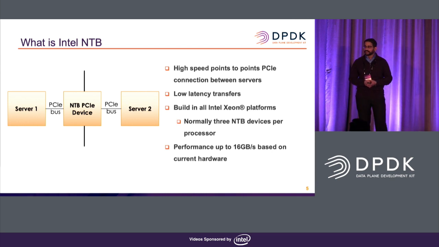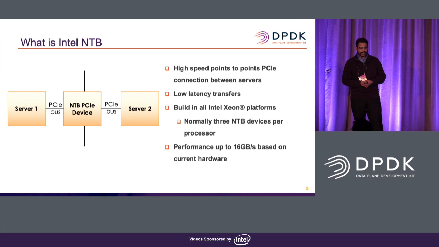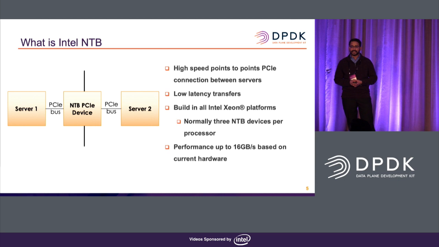So it is used for low latency transfer. Low latency transfer is crucial because whenever you are exchanging data between the systems, you have to follow the NTB semantics. I'm going to introduce some of the concepts, what those semantics are in terms of NTB. And another main advantage of using the NTB is that it comes free.